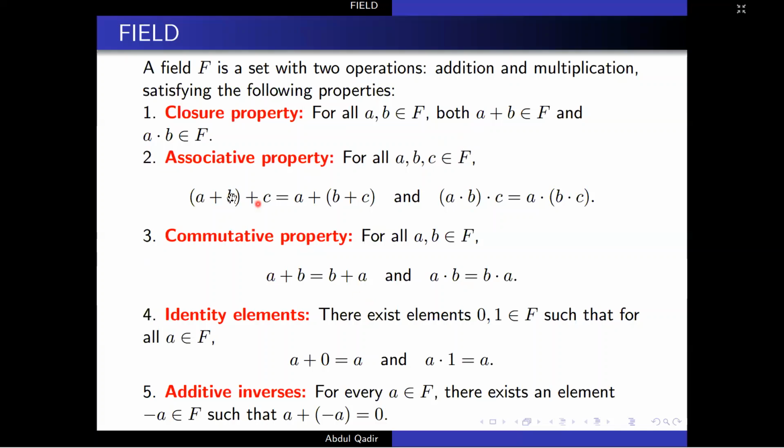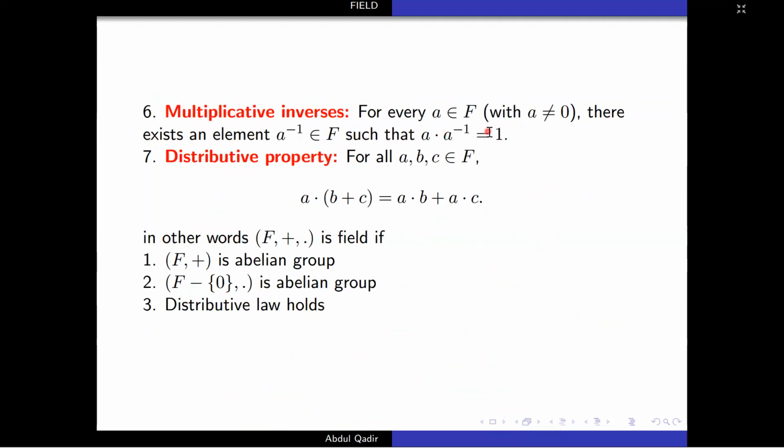So we also see that F is closed under multiplication. Associative law also holds under multiplication. Commutative properties hold under multiplication. Multiplicative identity belongs to F. But in case of multiplicative inverse, we see that each element of F has multiplicative inverse except 0.